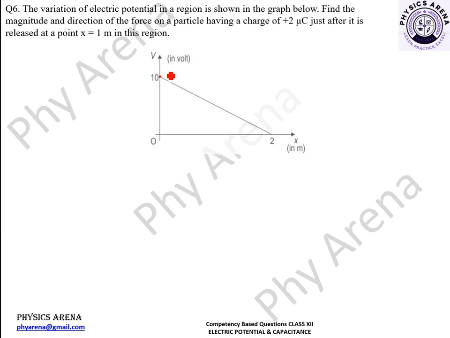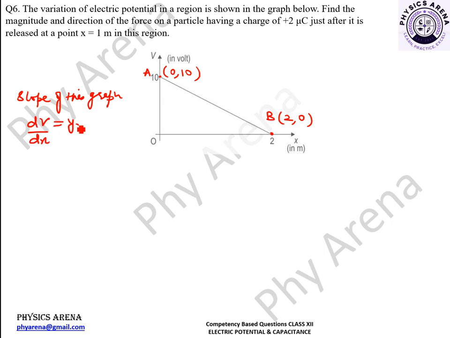So this is my point A, and it is having the coordinates as 0, 10. And this is point B. It is having coordinates as 2, 0. We know that slope of this graph can give us dV upon dx, and that can be calculated as y2 minus y1 divided by x2 minus x1.